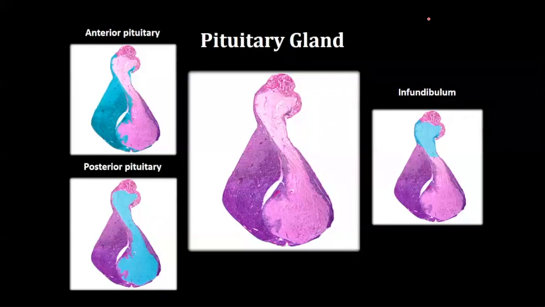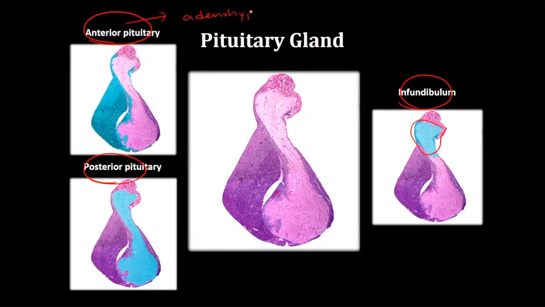Here you can see depictions of pituitary gland. As I said, infundibulum is the connection between hypothalamus and pituitary gland. Here you can see anterior pituitary and posterior pituitary. Anterior, another name is adenohypophysis.